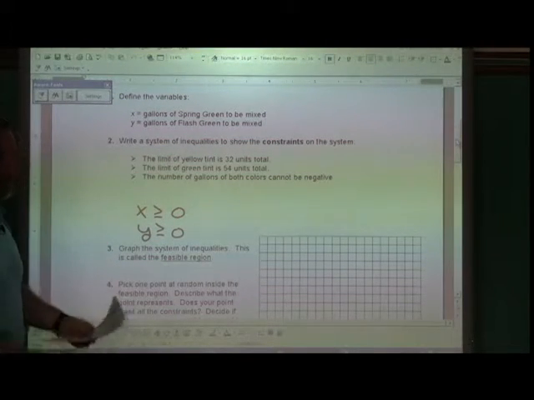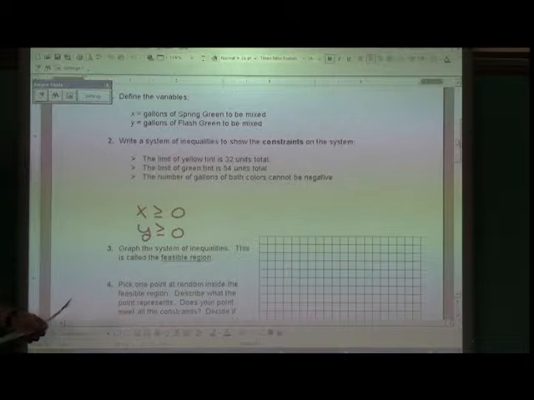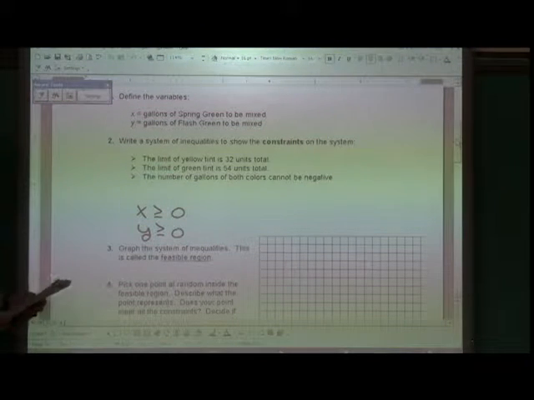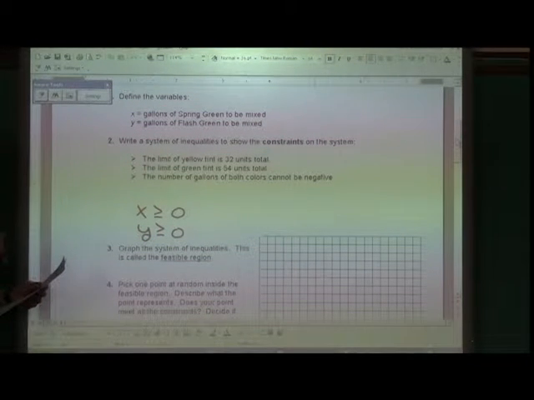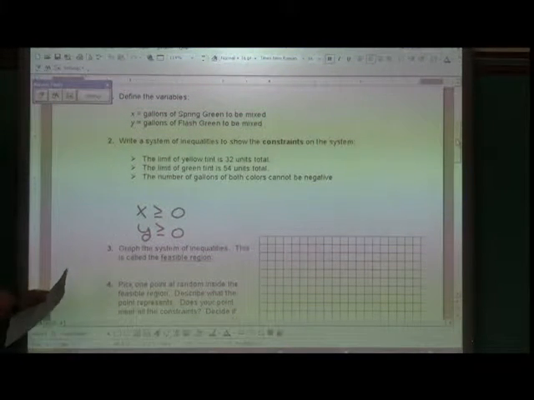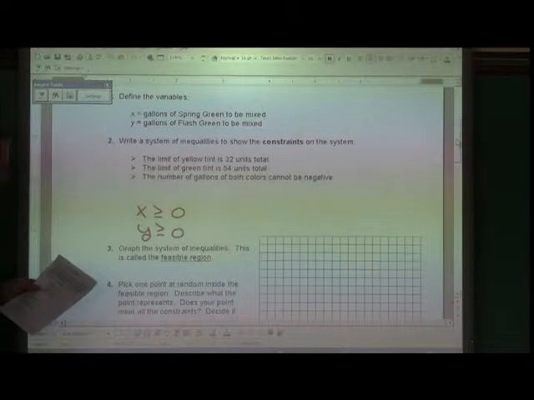Then let's look at the limit of yellow tint. So we have a total of 32 units of yellow. And to make paint, I need 4 units of yellow for every gallon of spring green.